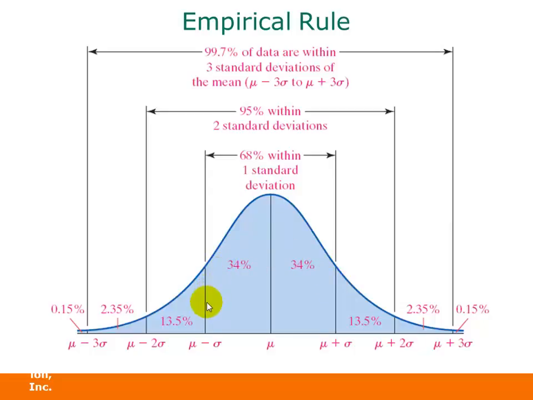If we go one more standard deviation on either side, so here we're 2 standard deviations below the mean, over here we're 2 standard deviations above the mean, between those two values we get 95% of our data values. And if we go 3 standard deviations from the mean in either direction, between those two values we get almost all of our data values, 99.7% of them.